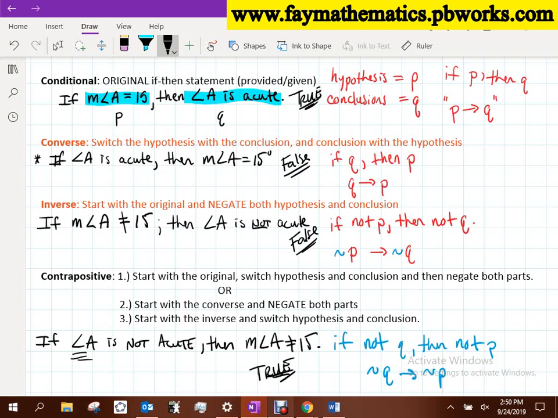Now here's the thing, are all of those written as if-then statements? So they're all conditionals, right? Okay, but this is the converse of that conditional. This is the inverse of that original conditional. This is the contrapositive of that original conditional. Okay? But each of them themselves are conditional statements.